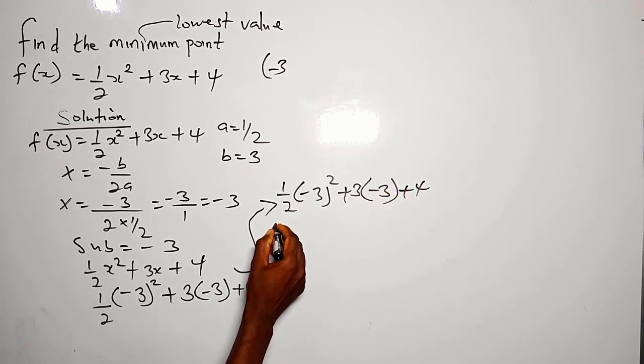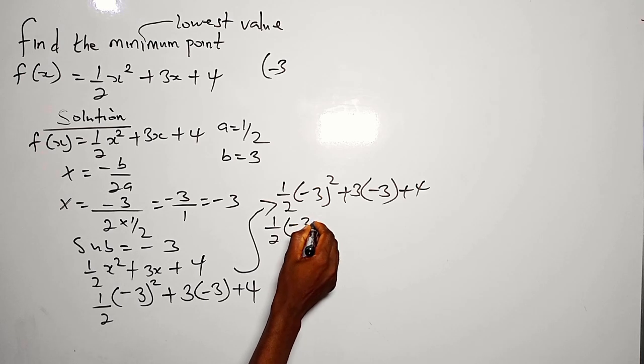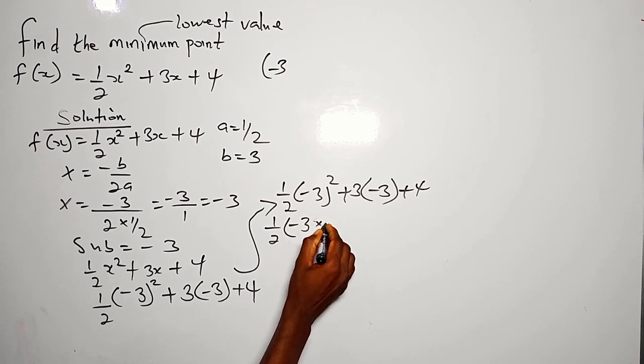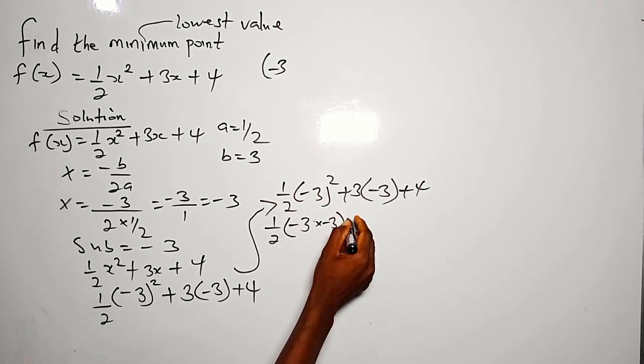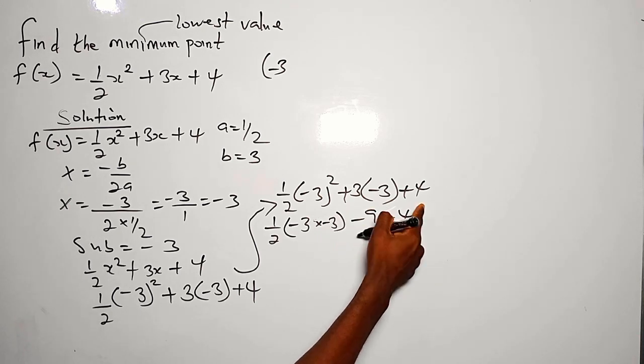When we open up, we have 1 over 2, and for minus 3 squared, we have minus 3 times minus 3, because of the square. Plus times minus is minus, 3 times 3 is 9, plus 4.